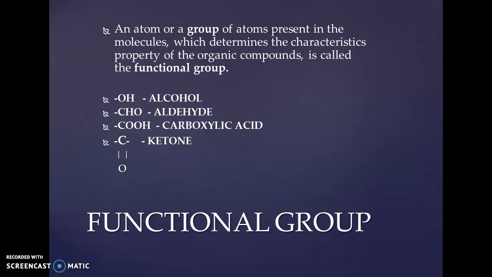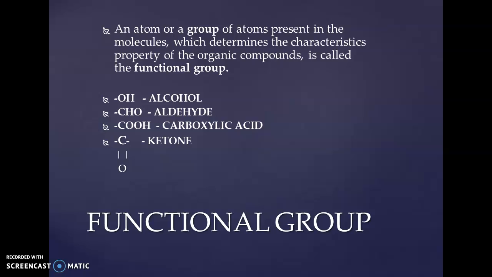Let us see an example. Imagine OH is present in a molecule; this OH is going to give the property of that compound as alcohol. So this is what determines the characteristic property of that compound.